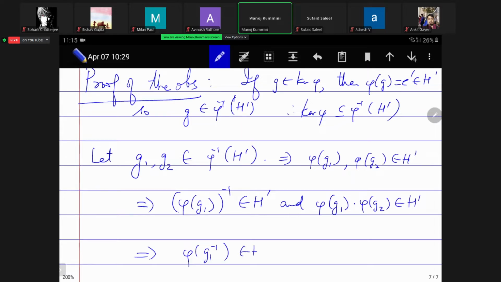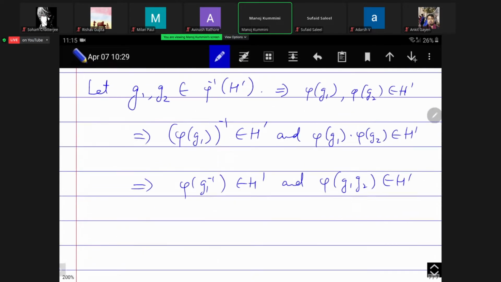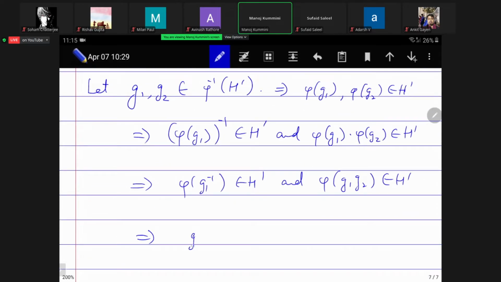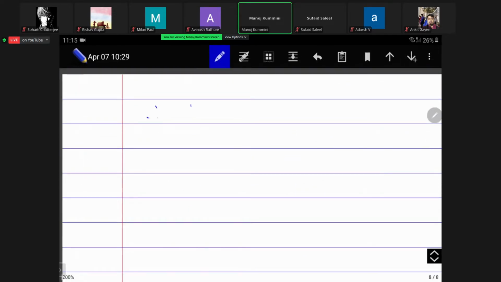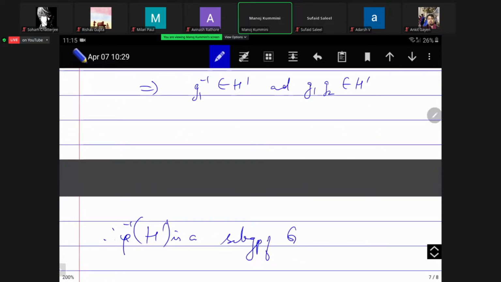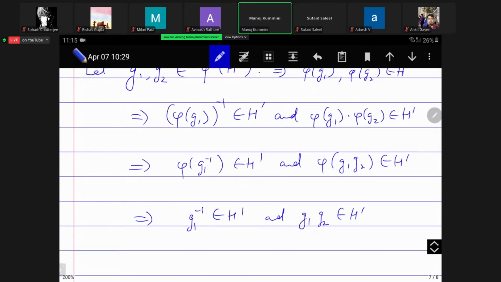It's inside H prime. And this is phi of the product, which implies that G1 inverse is inside phi inverse of H prime and G1 G2 is inside phi inverse of H prime. Therefore, phi inverse of H prime is a subgroup of G. Sorry, I forgot to put the phi inverse here.